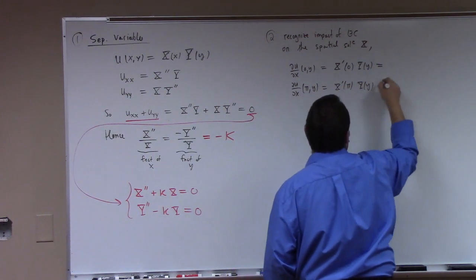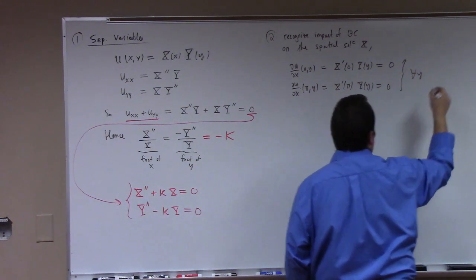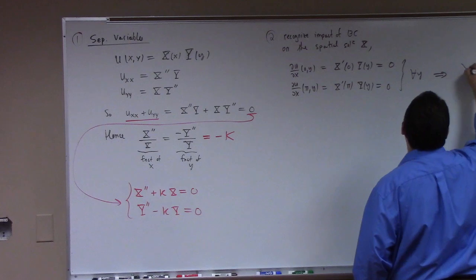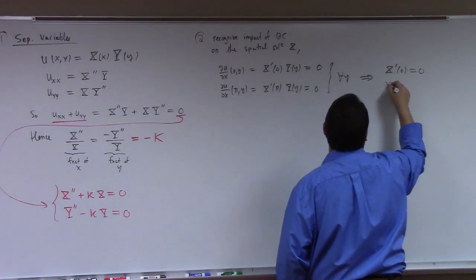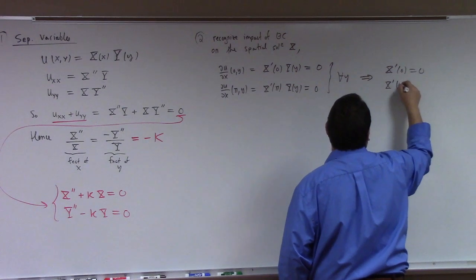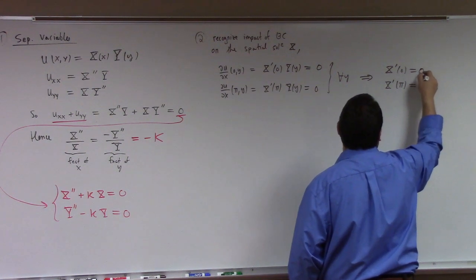Now these are equal to 0 for all y, so that implies that we must have X'(0) equal to 0 and X'(pi) equal to 0, because otherwise we'd just be looking at the zero solution alone.